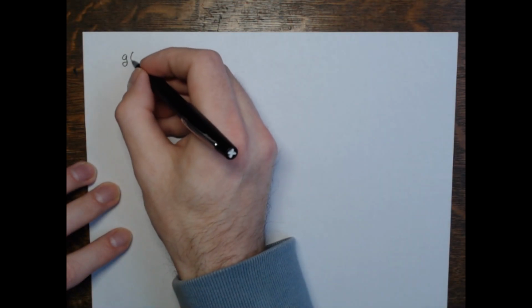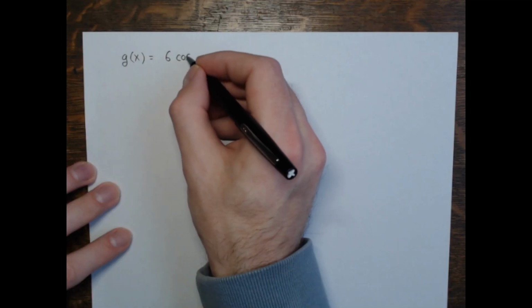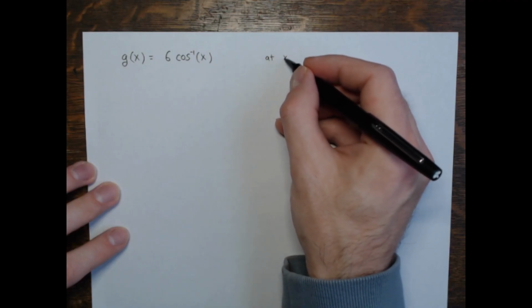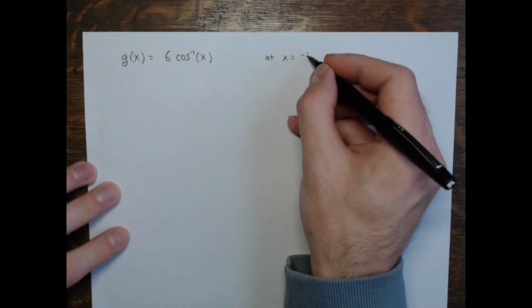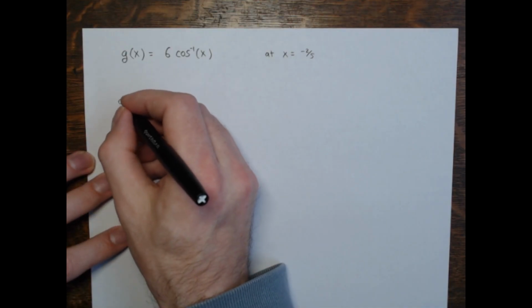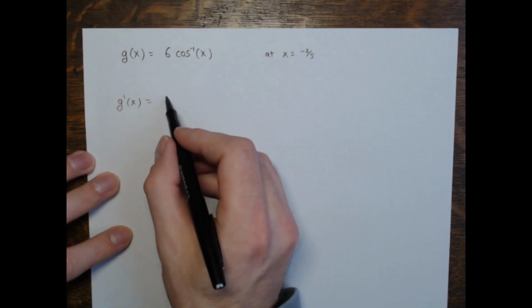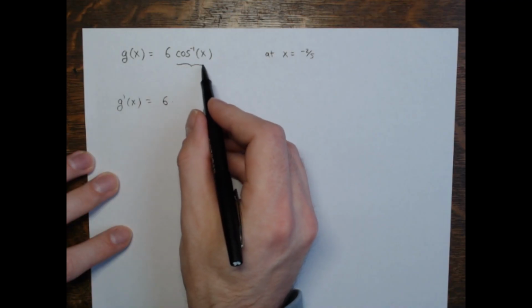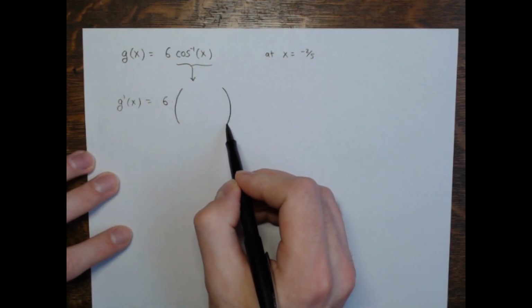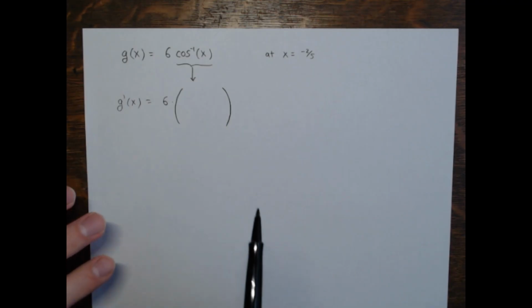So here was our function, g of x, 6 times the inverse cosine of x. And then we're going to plug in x equals -2/5 at the end to find the derivative. So g prime. Remember, coefficients stick around, so it's 6 times, and then we saw this before, in that long opening part of the video on the derivatives of all 6 inverse trig functions.